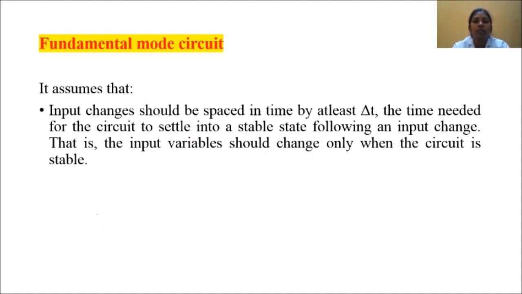That is, the input variable should change only when the circuit is stable. Only one input variable can change at a given instant of time. The inputs in the fundamental mode circuit are levels, not pulses. Delay lines are used as the memory elements.